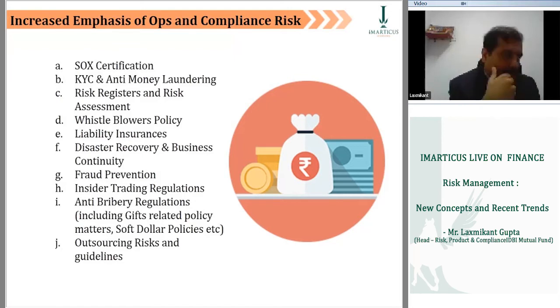Coming to the list, there is SOX certification, which came basically for US listed companies after the 2001 scam. SOX came in 2002, and the idea was that there should be a declaration by the CFO to the board of directors that all systems and processes are well and working, and for this the CFO may get back-to-back certifications from departments.